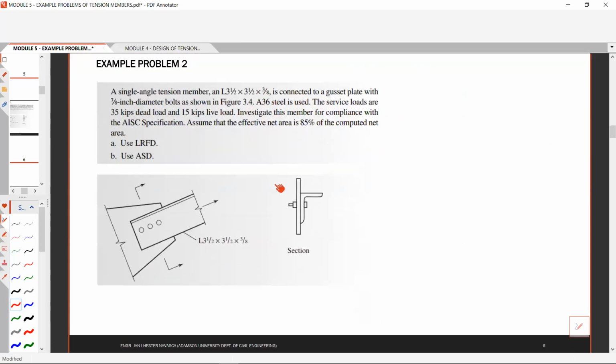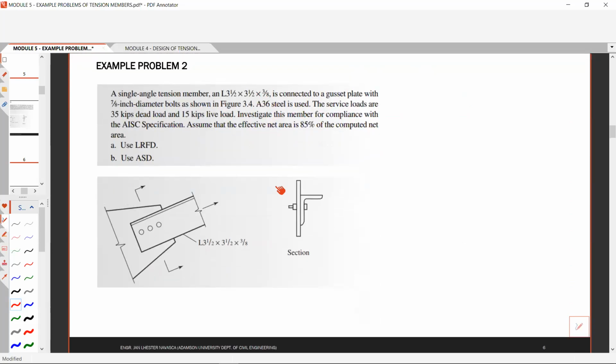Let's move on to example problem 2. A single angle tension member with a size of L3 1/2 by 3 1/2 by 3/8 is connected to a gusset plate with 7/8 inch diameter bolts as shown in this figure. We will again be using A36 steel. The service loads are 35 kips dead load and 15 kips live load.